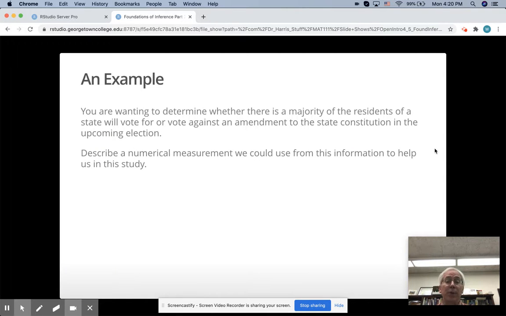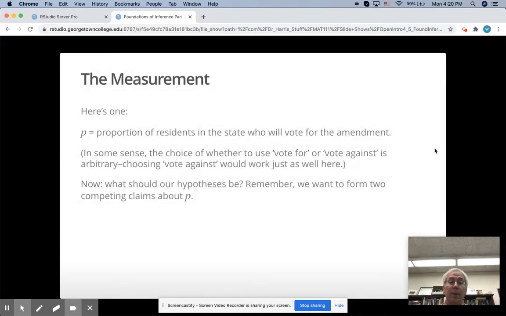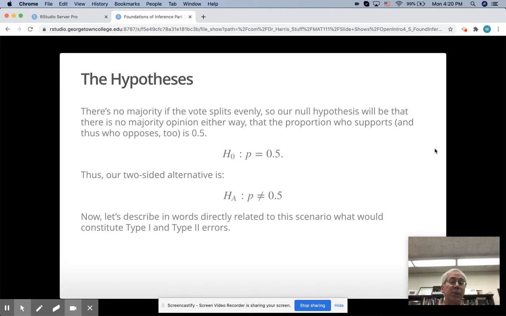The pollster is trying to determine whether or not there's a majority of residents who plan to vote for or against the amendment. Okay, so majority means more than half. So do more than half favor it or do more than half oppose it? So that suggests that 1/2 should be our null value. So the null hypothesis is going to be p equals 0.5. And our alternative, which is two-sided, is going to be p not equal to 0.5.